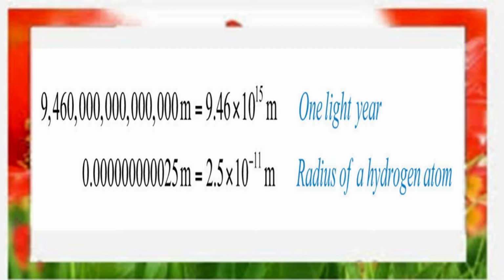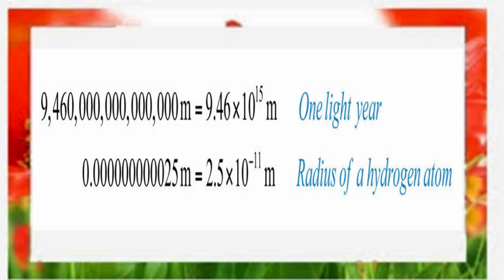Let us see the first number. Is it possible to read the number fastly, students? It takes some more time to find the place value first. See, the number is 9 quadrillion 460 trillion meter, which is 1 light year.